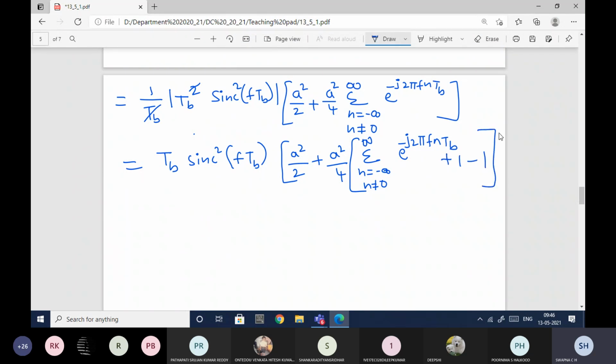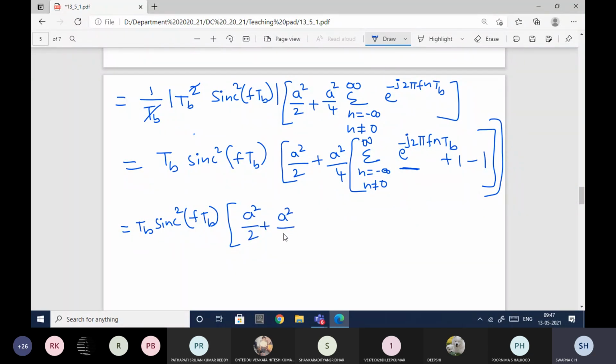Will it change the meaning if I add plus 1 and minus 1 to this number? No, no. It will not change the meaning.